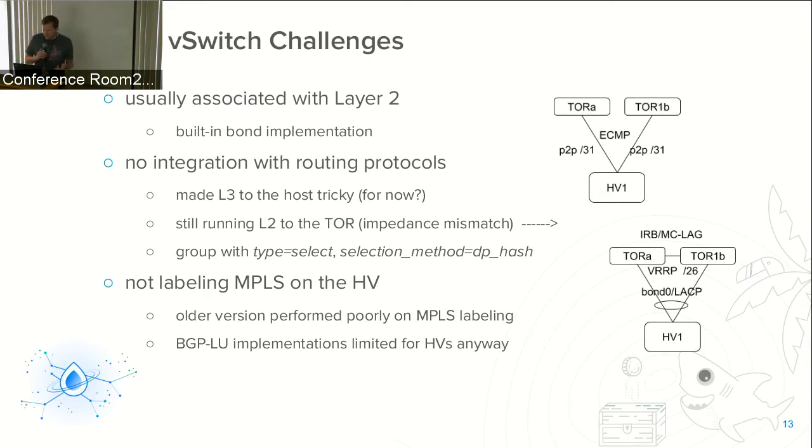This is a little bit of an impedance mismatch getting into an L3 network. There are some interesting scenarios where, if a link goes down, some interesting things happen. For example, if a leg from the hypervisor to the TOR goes down, BGP still has a way to talk to that TOR through the other TOR and the inter-chassis link. So the routing protocol has no idea that link has gone down, and that hypervisor is still advertised as reachable from both top-of-rack switches.